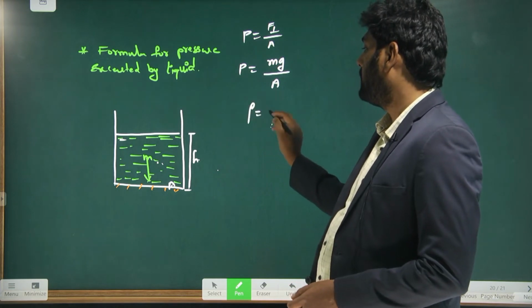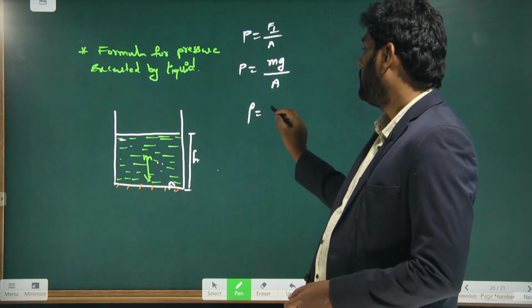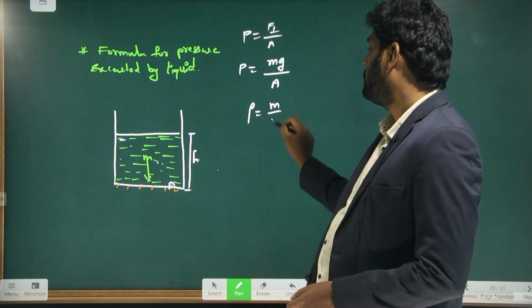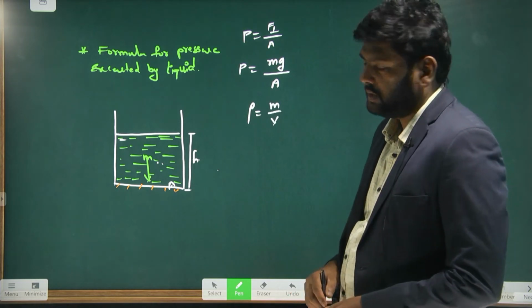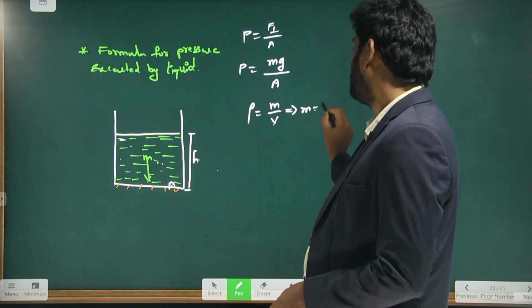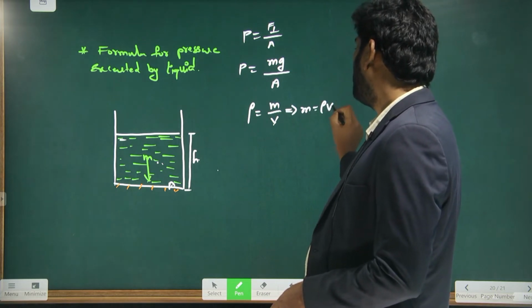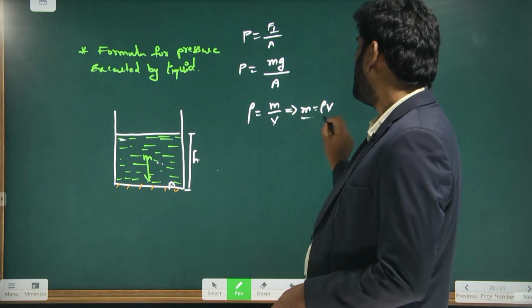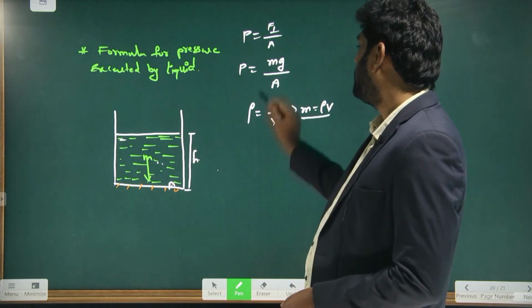Volume density is equal to total mass by total volume. From this formula, total mass is equal to density into volume. So this formula you can apply here.